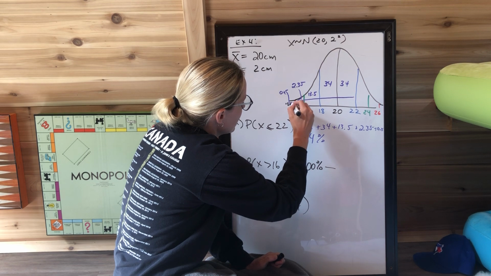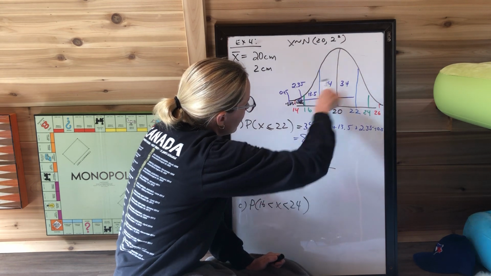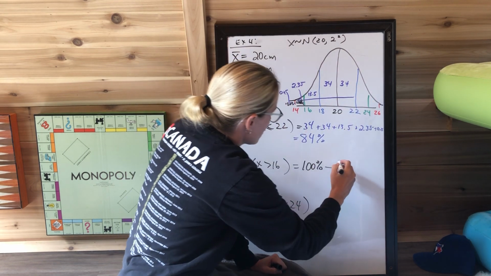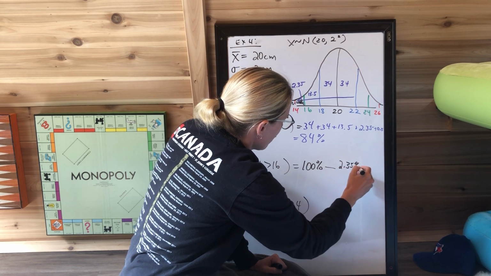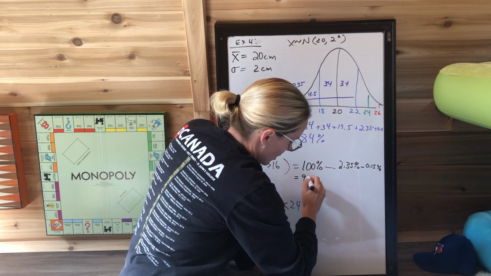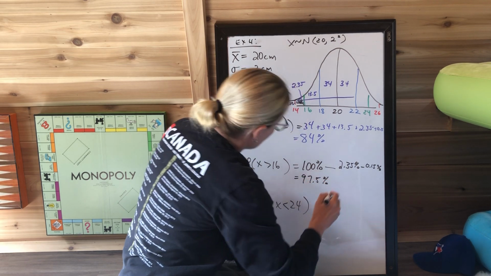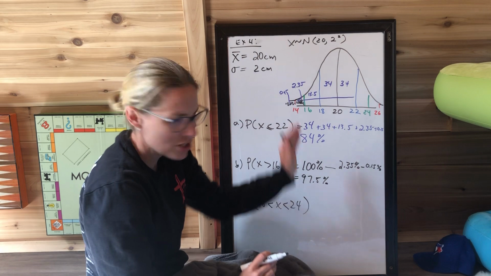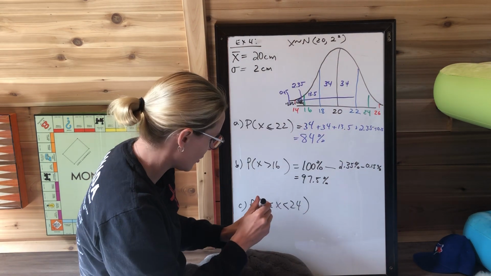So we're just going to subtract out these 2 areas, right? Everything else is greater than 16. So we're going to subtract out 2.35% and subtract out 0.15%, and then we get 97.5% of the data is greater than 16. So it's just analyzing this graph and picking off the numbers.